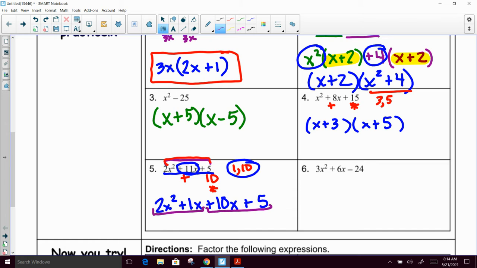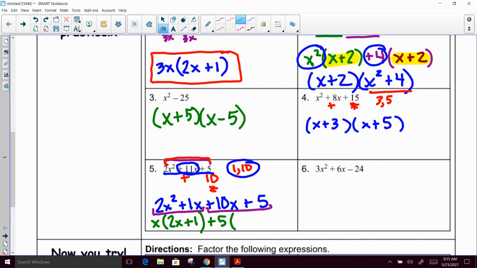The greatest common factor of my first group, 2x squared plus 1x, is x. What do I multiply by x to get x squared? 2x. What do I multiply by x to get plus 1x? Plus 1. All right, my second group begins with a plus, so I've got a plus. The greatest common factor of 10x plus 5 is 5.